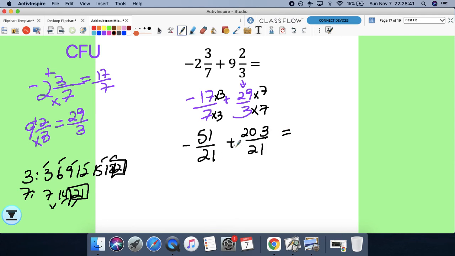So negative plus a positive. Right? There's more positives, right? They're not friends. So we're going to put a 21 over here. We're going to subtract. Negative 51 and 203. Subtract. Borrow.